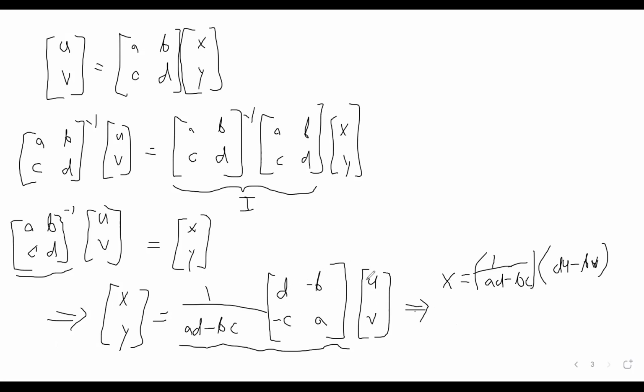When you multiply these two matrices, the first entry at the top, first row, first column, is DU minus BV, and then you're multiplying by 1 over AD minus BC. So that's x.